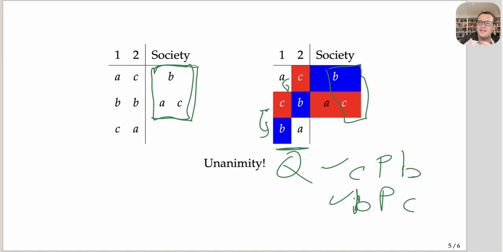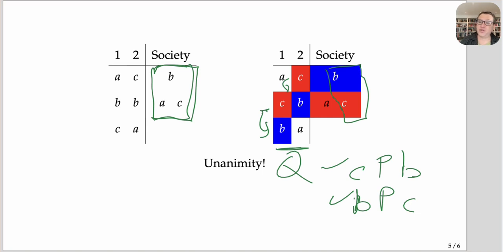This shows you that there's a tension between IIA, the fact that the social ranking is always transitive, and Pareto. It restricts what rankings you can assign to some profiles.